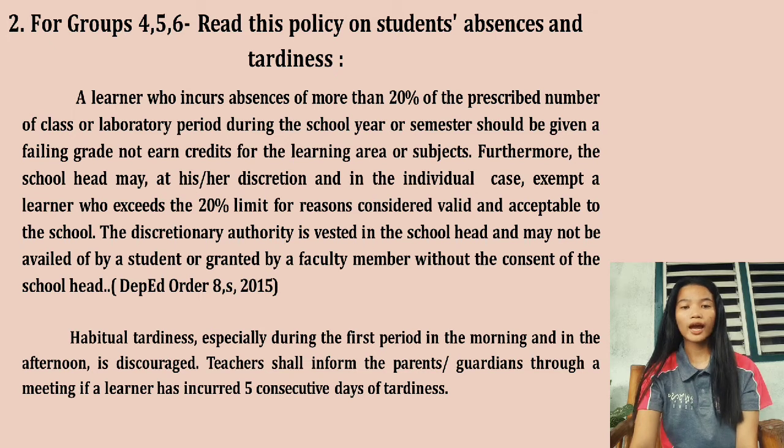Furthermore, the school head may, at his or her discretion, and in individual cases, exempt a learner who exceeds the 20% limit for reasons considered valid and acceptable to the school. The discretionary authority is vested in the school head and may not be availed of by the students or granted by a faculty member without the consent of the school head. DepEd Order No. 8, 2015.